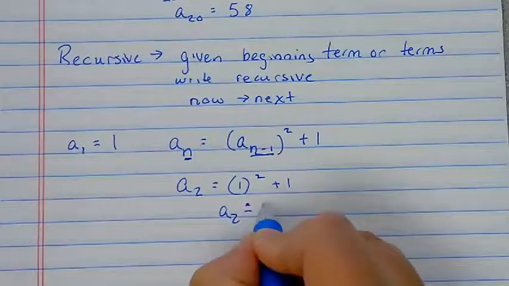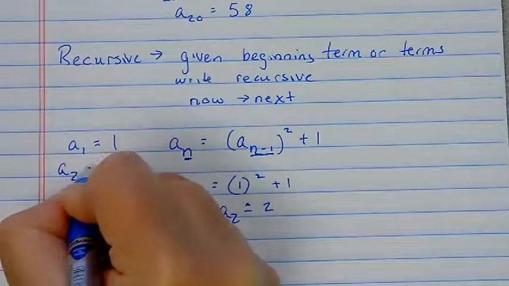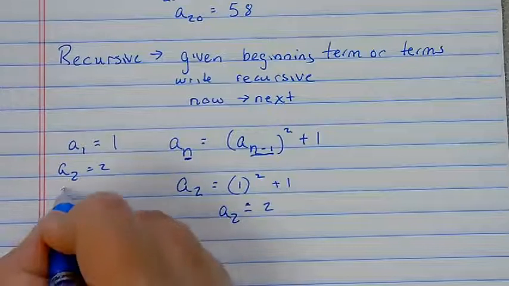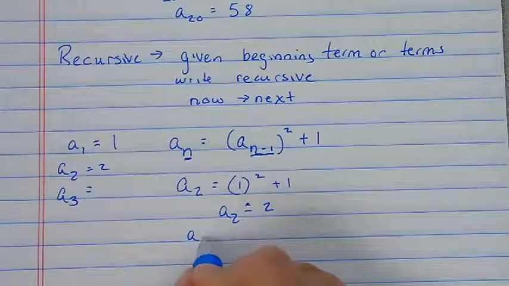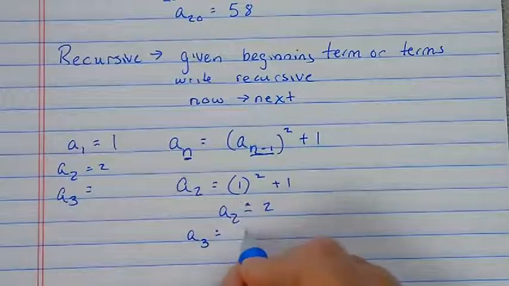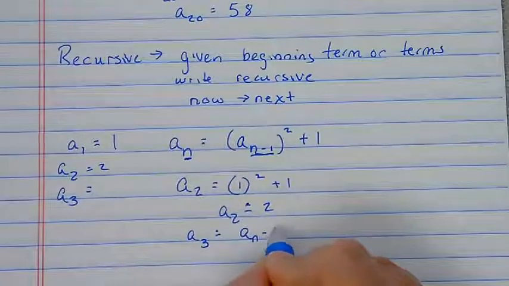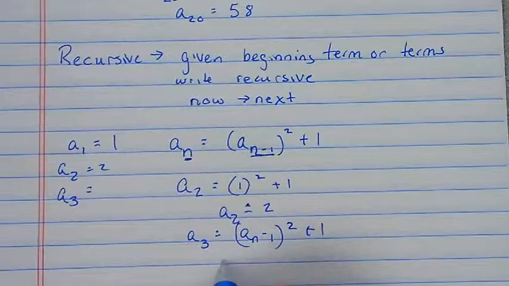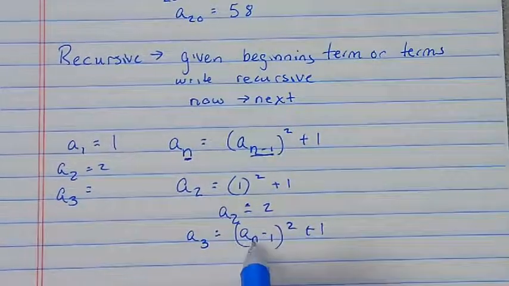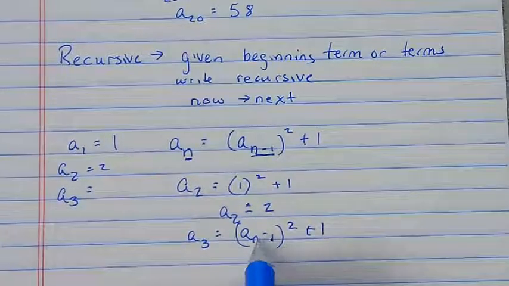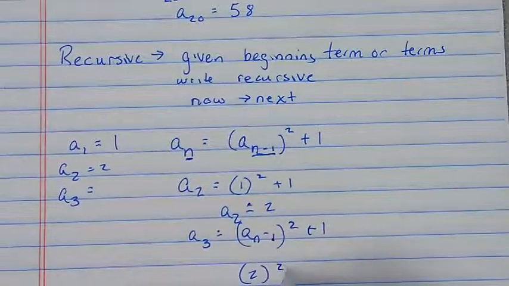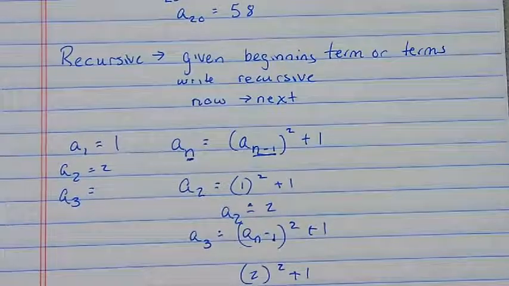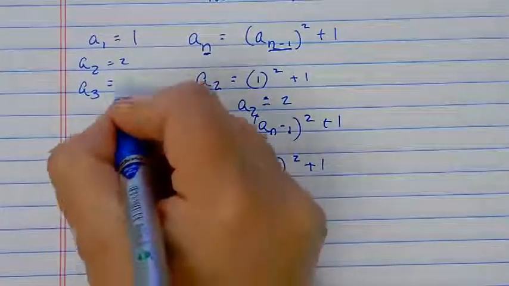So term 2 would be 2. If I wanted to find term 3, I would need to know what the term before it is. So term 3 would use term 2, and term 2 is 2 squared, add 1, so you would get 5.